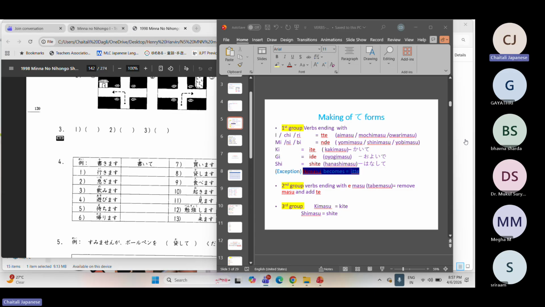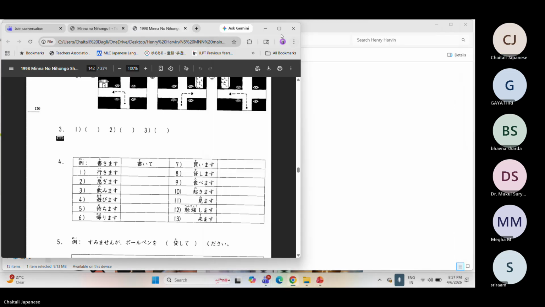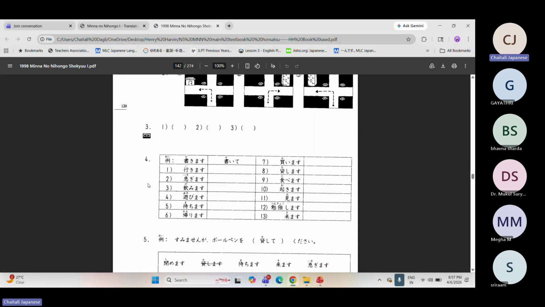Done, everyone? Shall we discuss this? Yes, ma'am. Tell me the first one. Ikimasu will be ikite. It's an exception. Ite, not ikite. Next. Isogimasu, isoide.